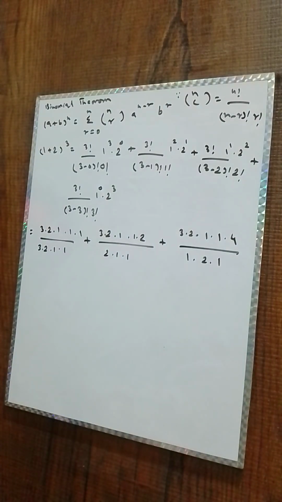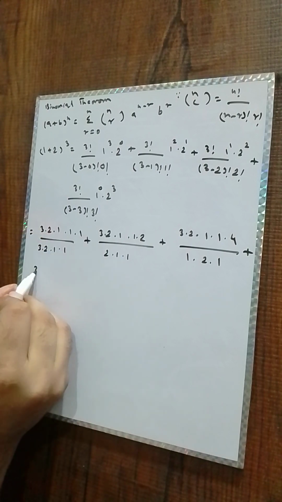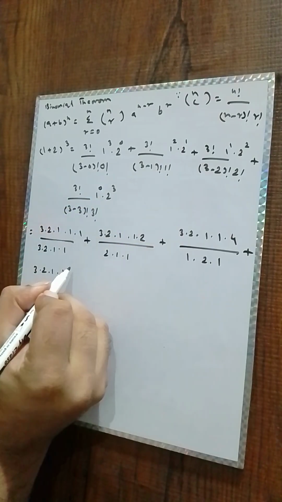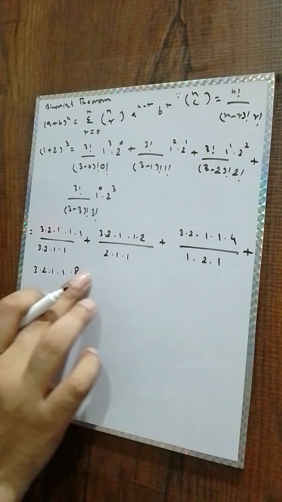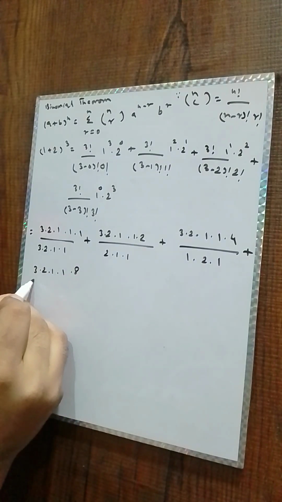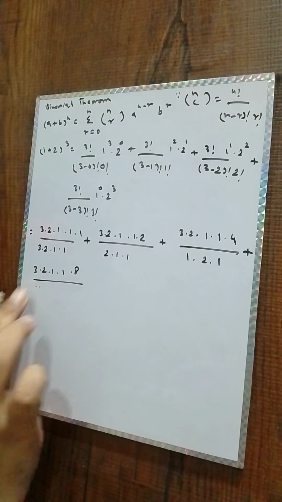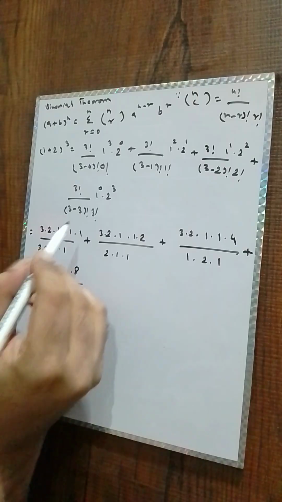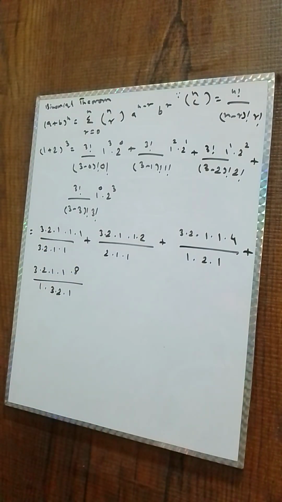Okay, and plus the last term: 3.2.1.1 to the power 0 is 1 and 2 to the power 3 is 8, divided by 3 minus 3, 0 factorial, which is 1, and 3 factorial is 3.2.1.